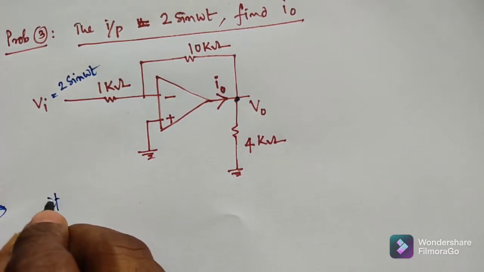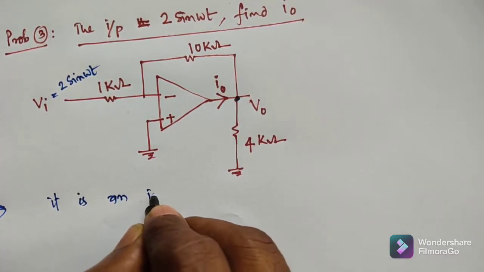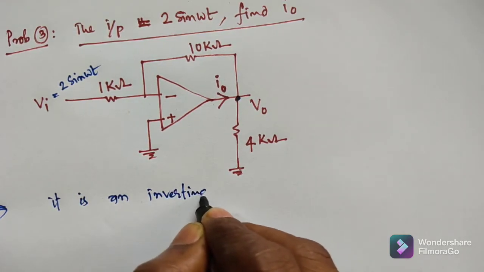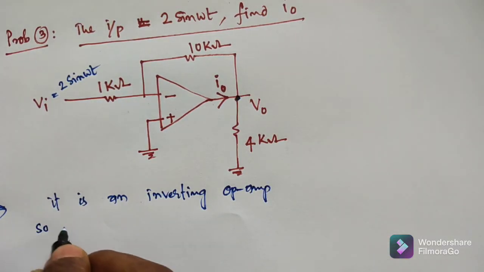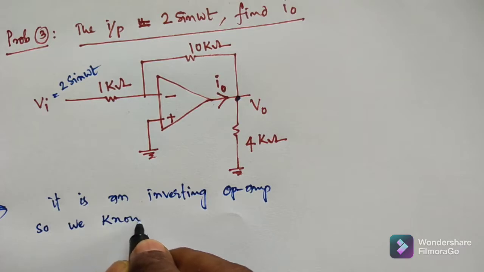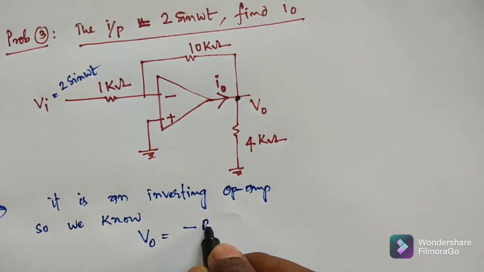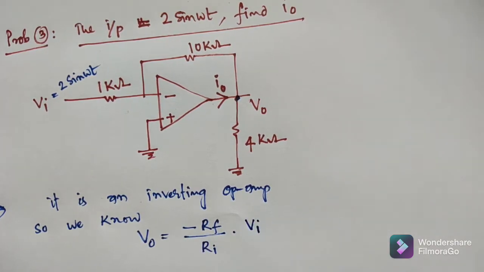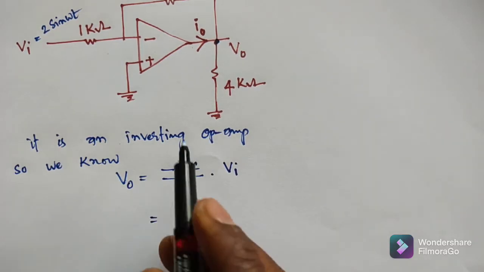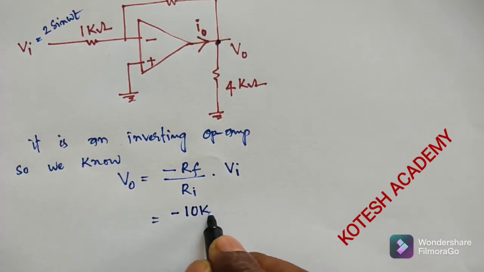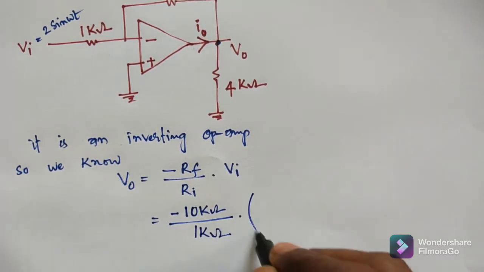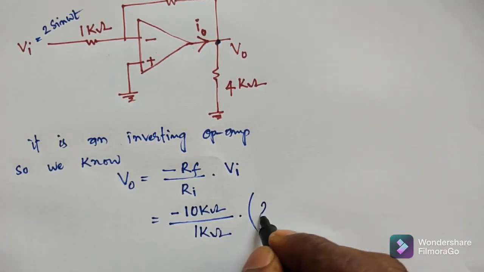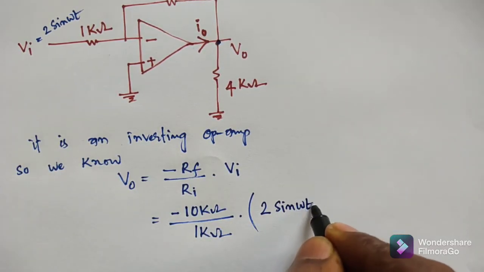Generally, it is an inverting op-amp, operational amplifier. So we know the output voltage formula: V0 is equal to minus RF by RI into VI. Here the feedback resistor is 10 kilo ohms, RI is 1 kilo ohm, and VI is equal to 2 sine omega t.